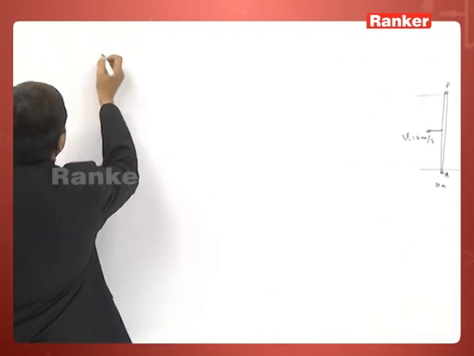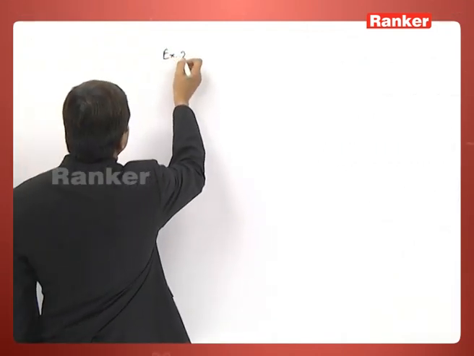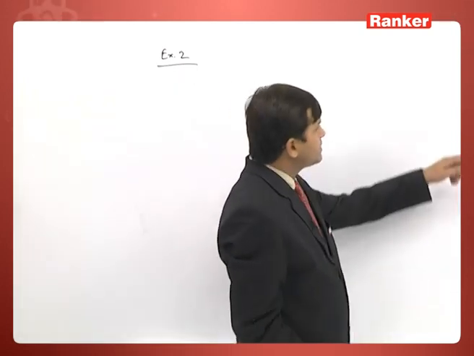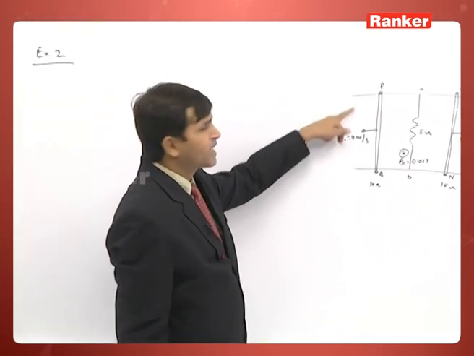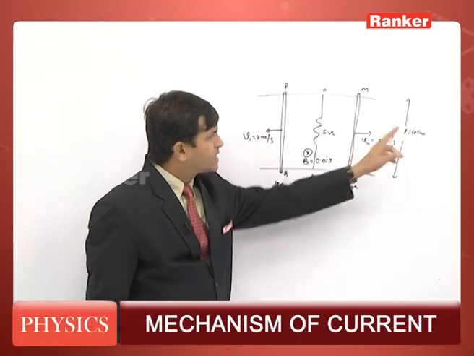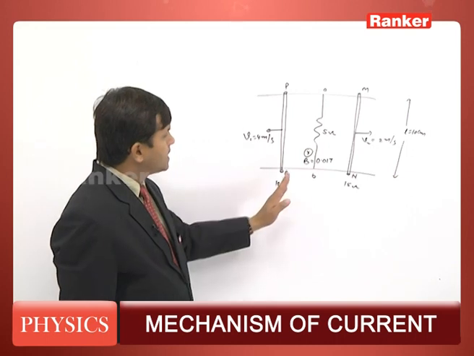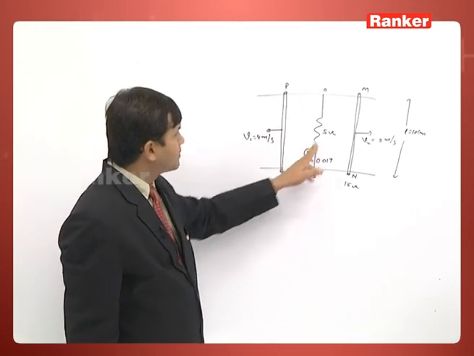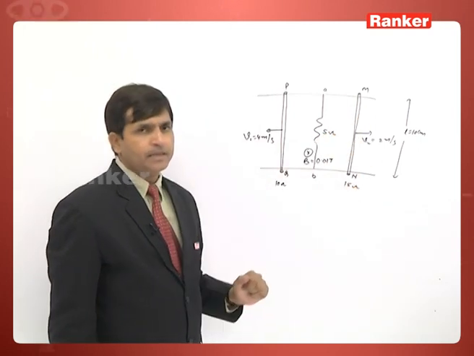Now see another example, example number 2. In this example, there are two parallel rails, and the gap between the rails is given here as 10 centimeters. On these two parallel rails, we have two conductors PQ and MN.